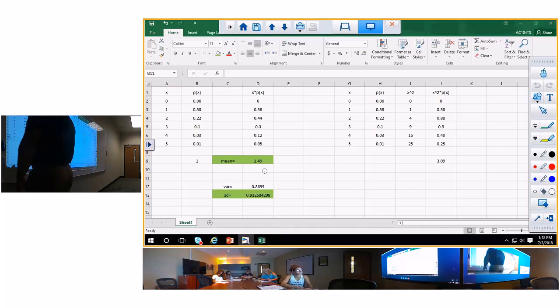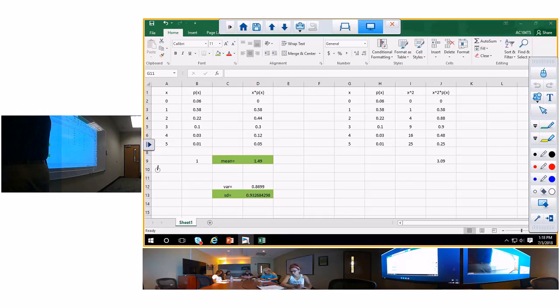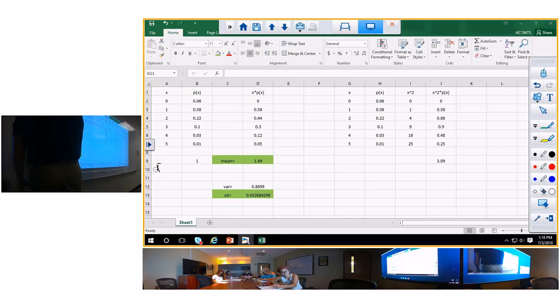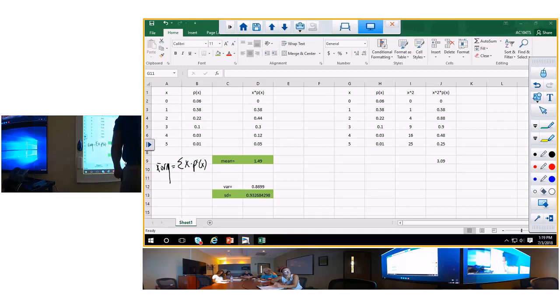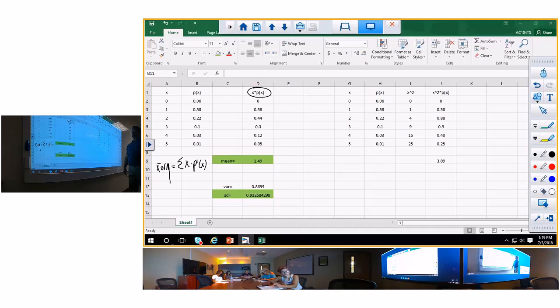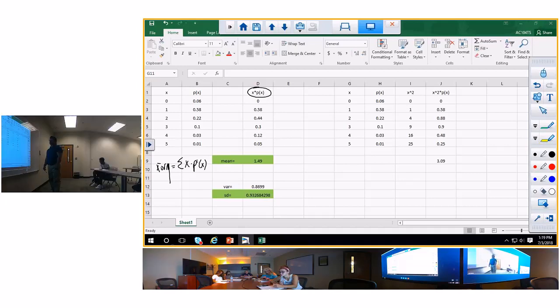The mean, x bar or mu, whichever one you want to use, is equal to the summation of x times what? P of x. X times P of x. And then what is your variance?